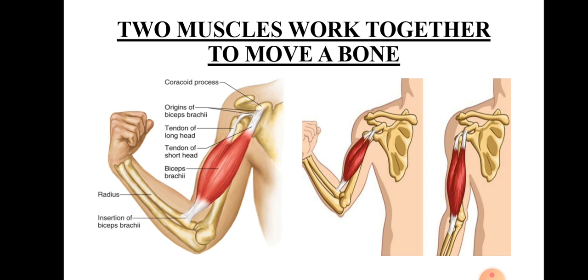When you bend at your elbow, the biceps contract, then the biceps relaxes and the triceps contract to straighten the elbow. Okay, today you studied only cartilage and how two muscles work together to move bones.